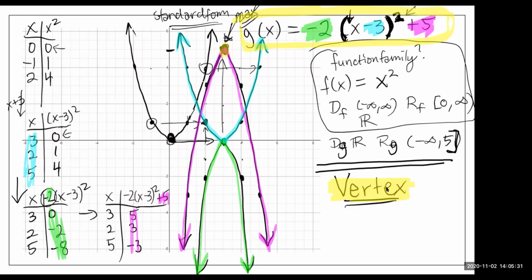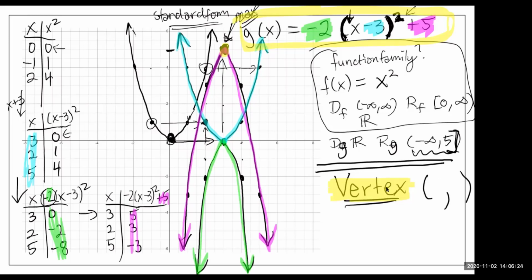The vertex is going to tell me what the maximum or the minimum is. It's going to help me figure out what the range and domain are. It's going to help me with when it's increasing and decreasing, like maybe sometimes you're interested in what interval of x it is increasing, and for what interval of x it is decreasing. Vertex is super important. So what's the vertex here?